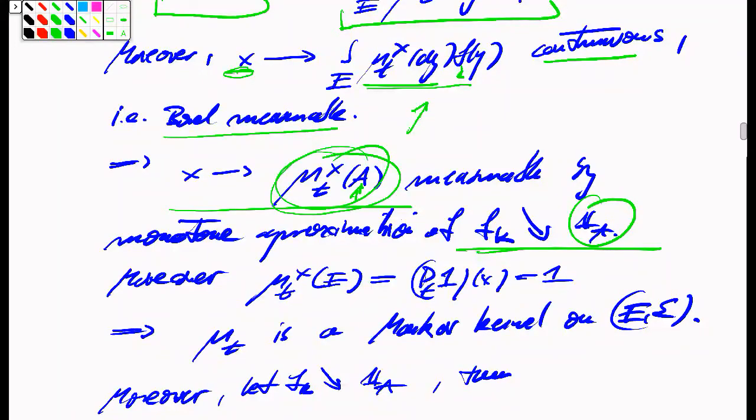So this operation is measurable with respect to x. In particular, for each t, this object as a function in x and A must be a Markov kernel. It satisfies these regularity conditions that we were imposing on transition kernels.